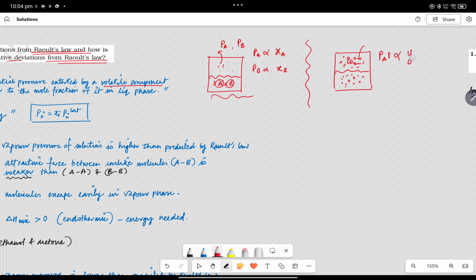That is what Henry's law says. So it is for a gaseous component that gets dissolved in the liquid phase, but here it is not the case. Here, the amount of the component present in the liquid determines how much pressure it is going to exert in the gaseous phase. So make sure the difference is clear to you.